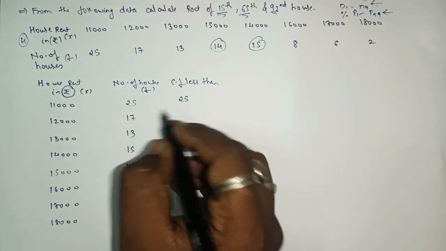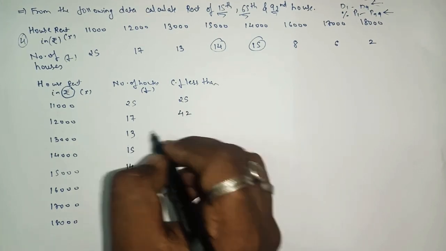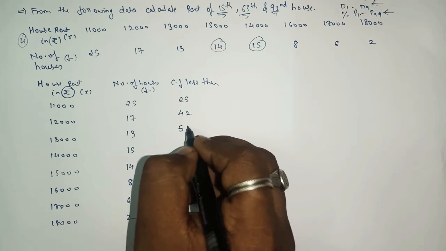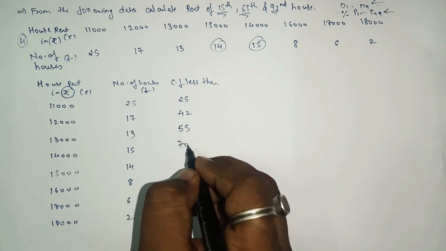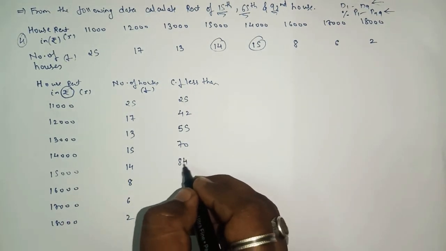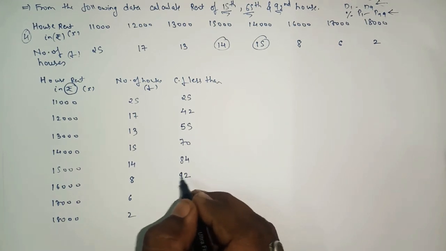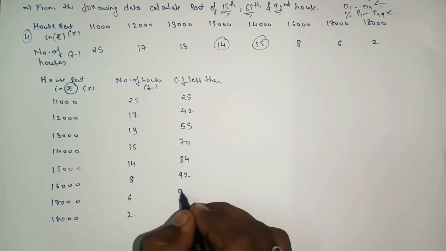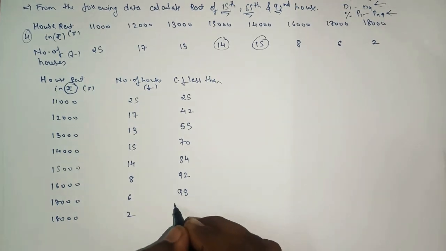So 25 plus 17, 42, 42 plus 13, 55, 55 plus 15, 70, 70 plus 14, 84, 84 plus 8, 92, 92 plus 6, 98, and 98 plus 2 is 100.